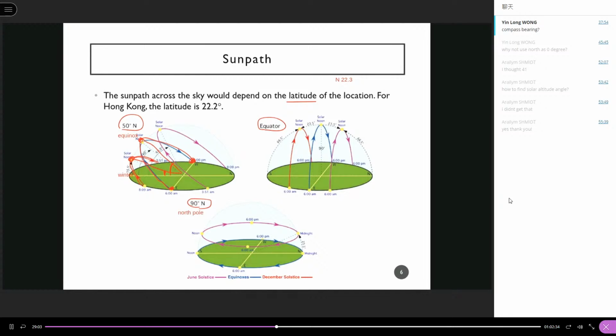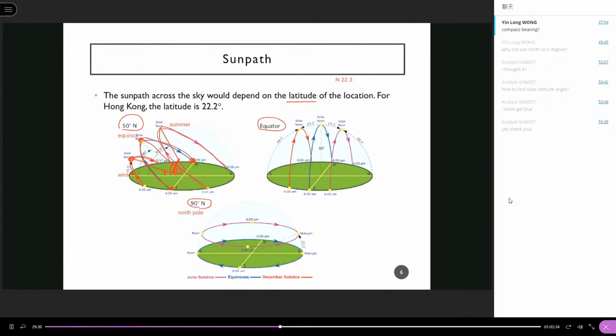And then next, this is the summer sun. For the summer sun, the sun will rise from the northeast. And then when it is noon time, it has an even higher elevation angle, and it will set in the northwest direction.